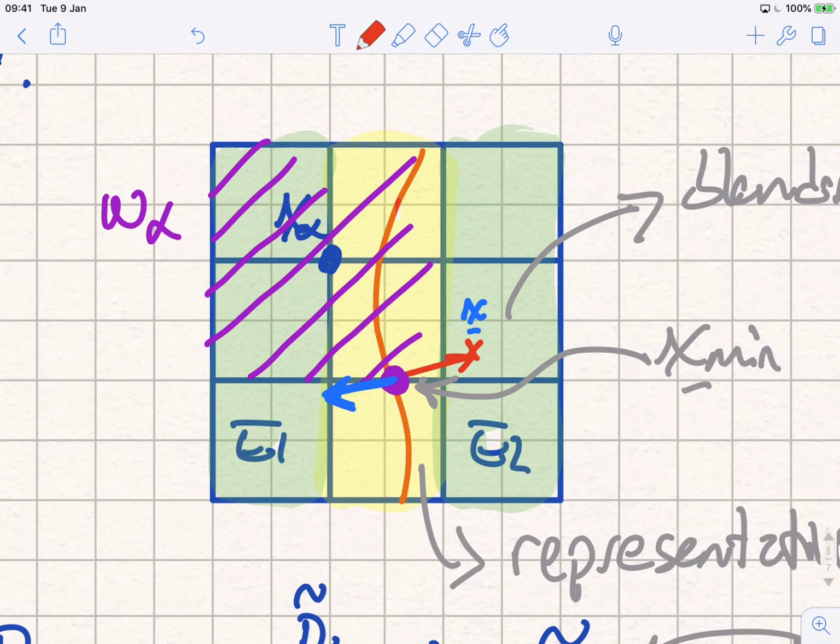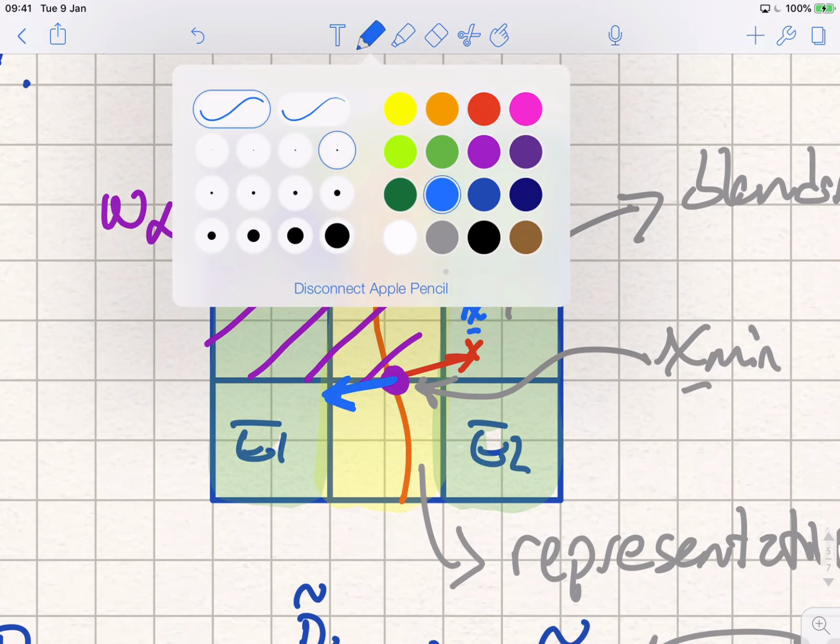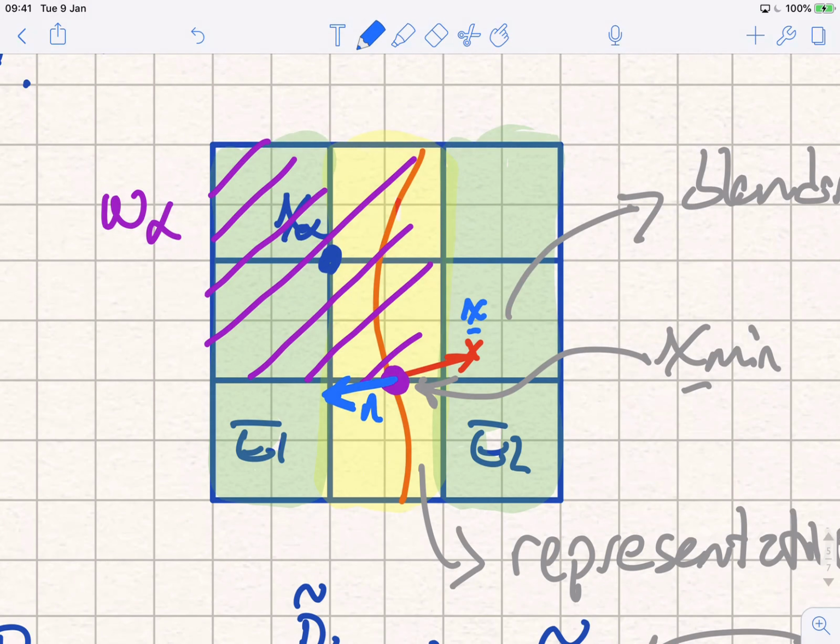If this point here is my x min and this point here is my x, well, this vector that I just drew here is x minus x min. Now, if I take the dot product between this vector and my normal, remember my normal is here, this is my normal vector. If both point in opposite directions, the dot product is negative. If they point in the same direction, the dot product is positive. So if I just take the sign of that dot product, I can already determine whether x lies to the left or to the right.